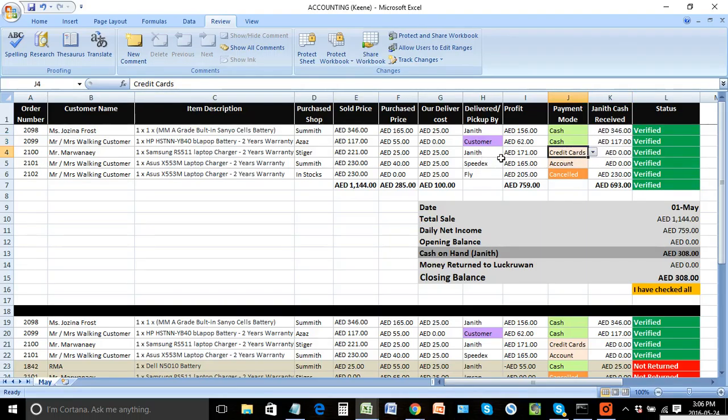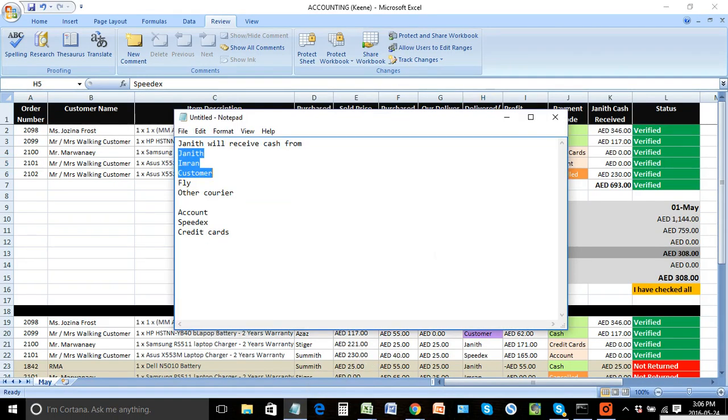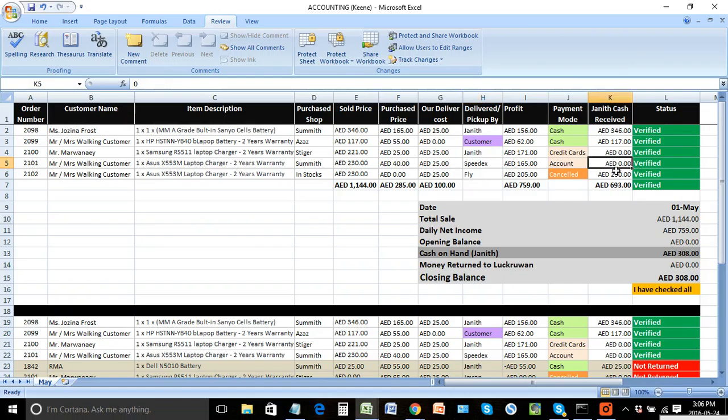However, if Janit delivered an item but the customer paid by credit card, then if you select credit card, Janit can't receive that money. It goes directly to my PayPal. And if we delivered by SpeedX, as I said, Janit won't receive SpeedX money, so it will be 0 again.